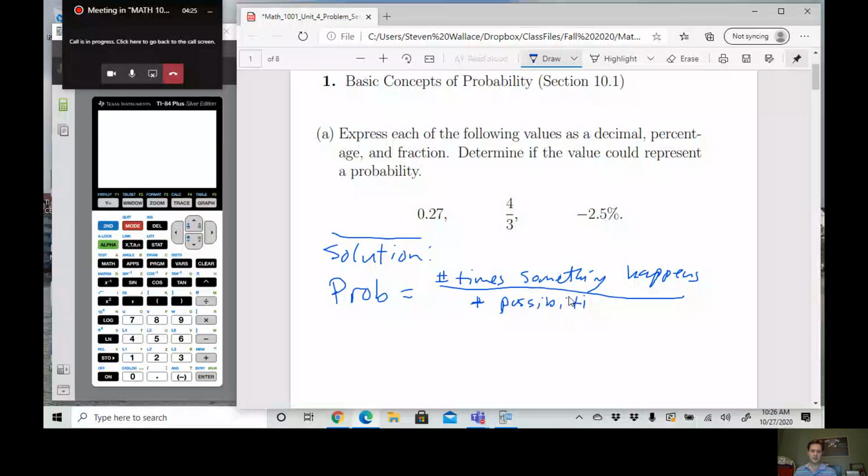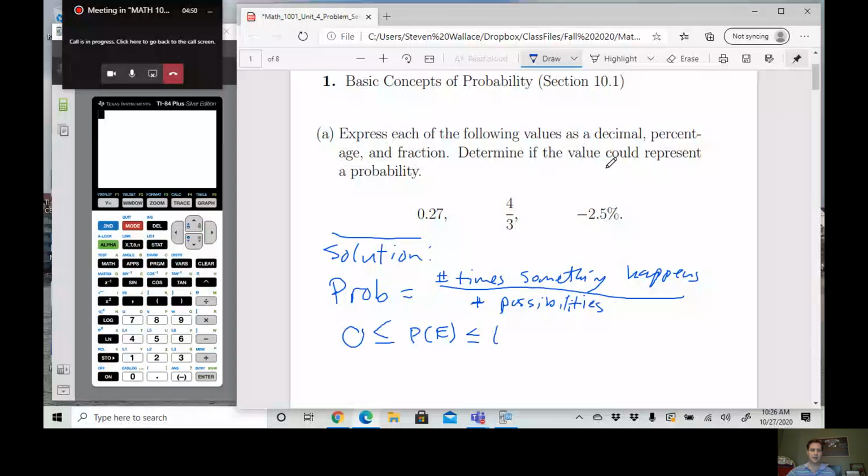So this is a subset of those. So you can never have the probability of an event be negative or bigger than 1 as a decimal, okay?